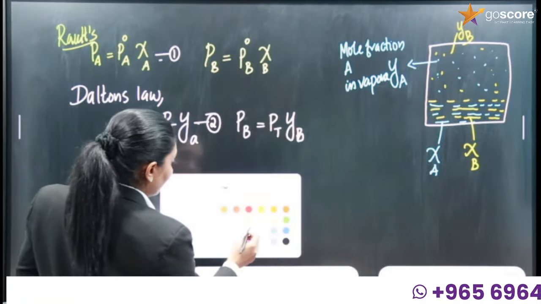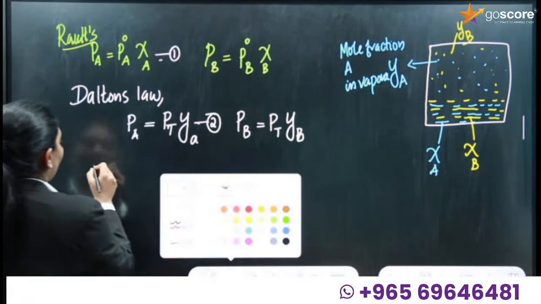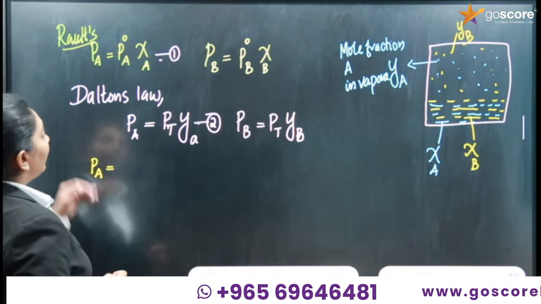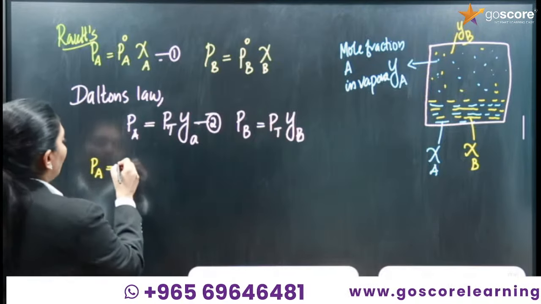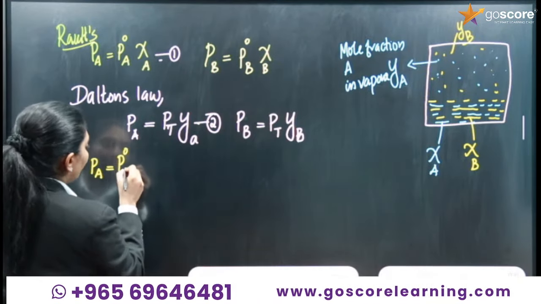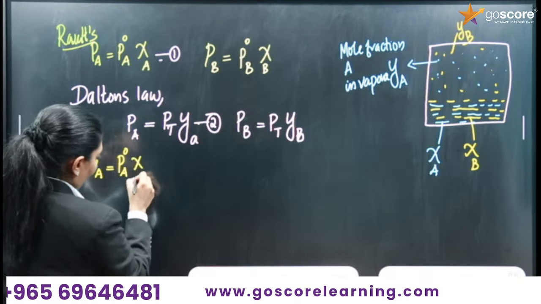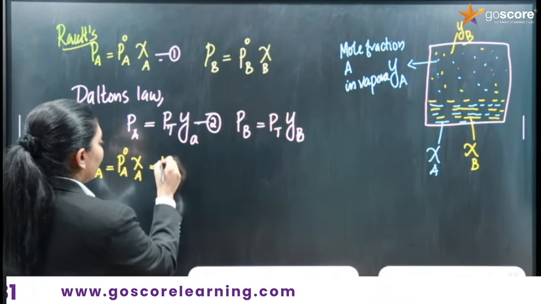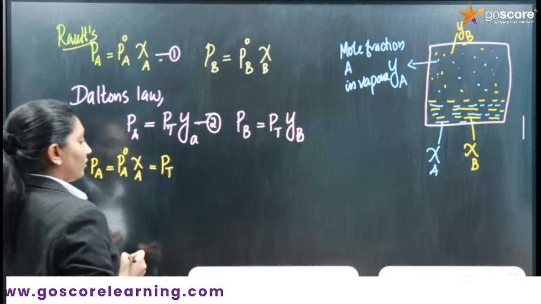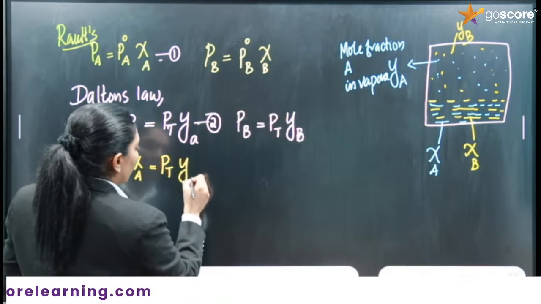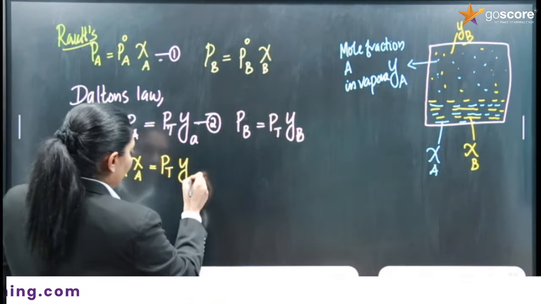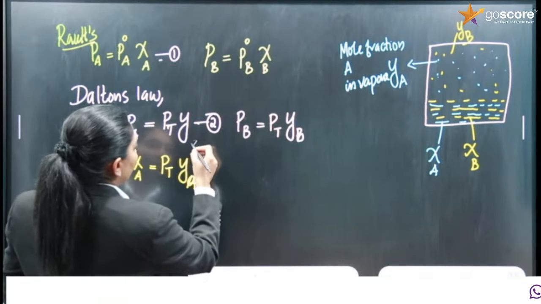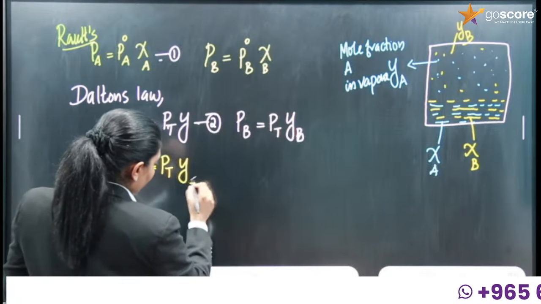So when you equate these two, what will you get? PA is equal to, according to Raoult's law, P naught A into chi A, and according to Dalton's law, it is PT, total pressure, into mole fraction of component A. It is not small letter a, it is capital letter A, because we are considering the component, right?